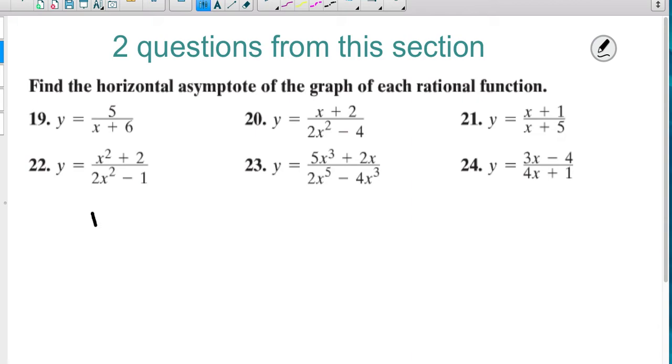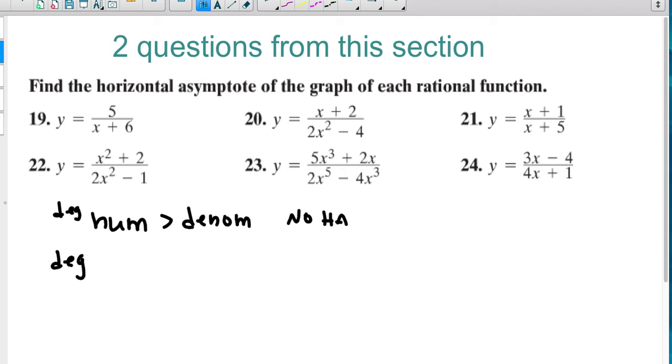But remember, the degree means the exponent of your variable. If the degree of the numerator is greater than the denominator, then there is no horizontal asymptote.